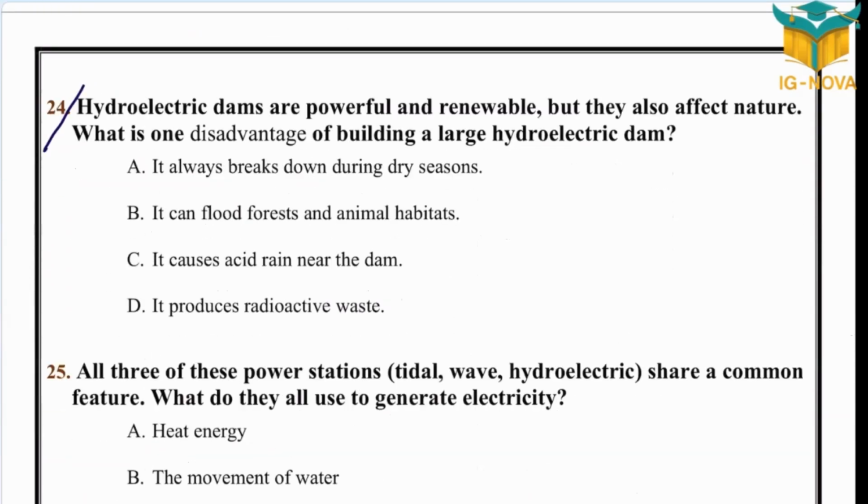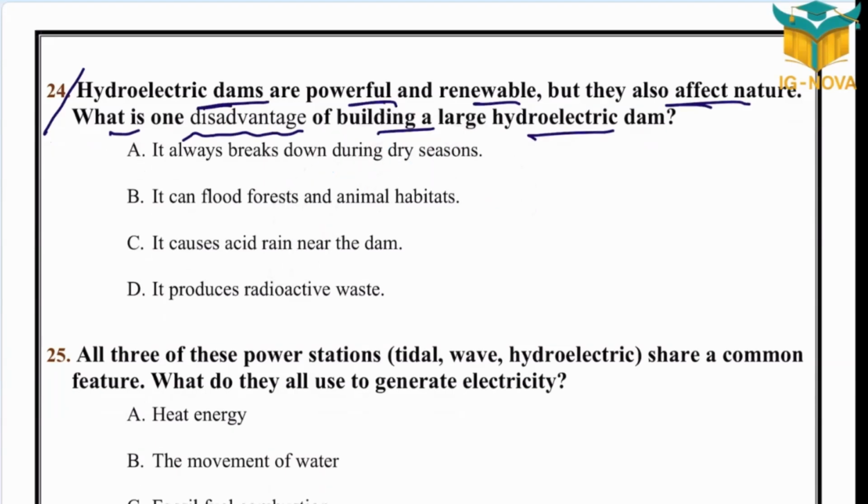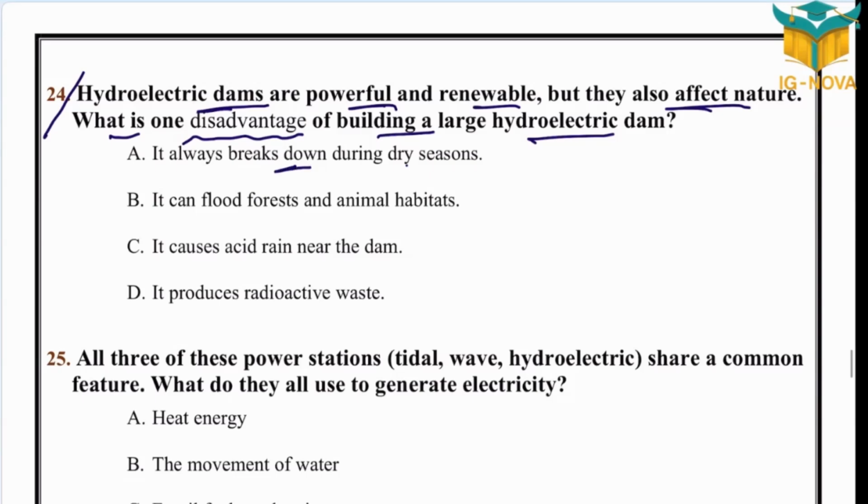Question 24. Hydroelectric dams are powerful and renewable, but they also affect nature. What is one disadvantage of building large hydroelectric dams? Option A. It always breaks down during the dry seasons. No. B. It can flood forests and animal habitats.